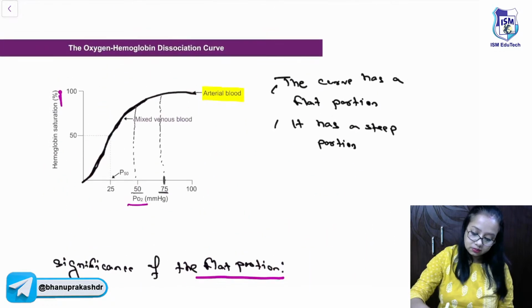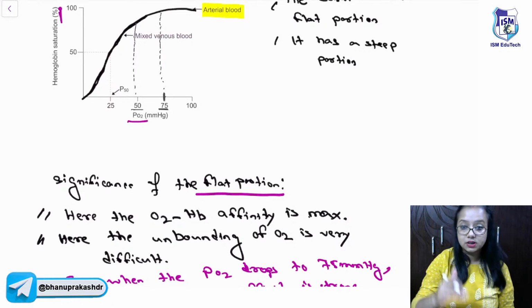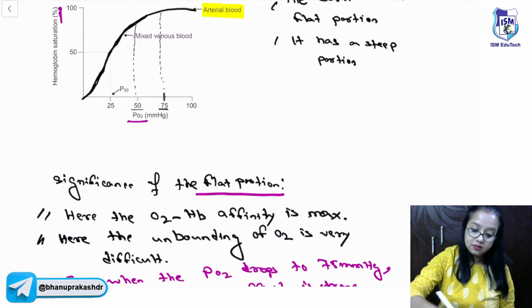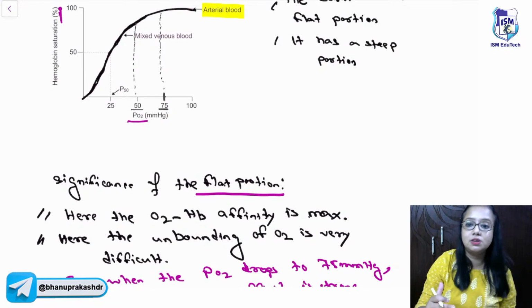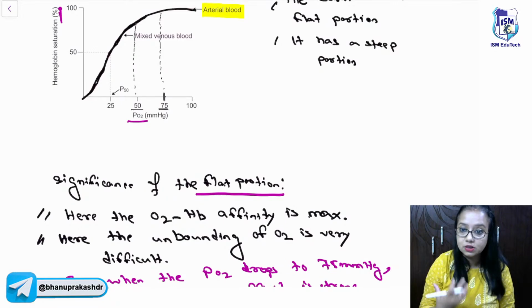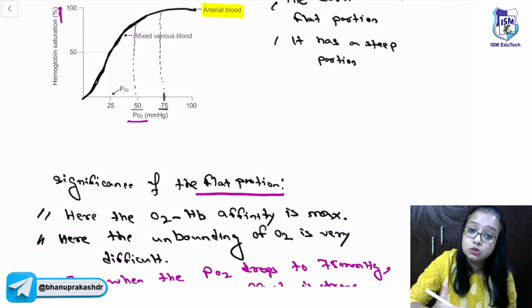So at a partial pressure of 50 and below, like when it is 40, 45, 35, here we see the steep portion, meaning the oxygen is getting dissociated from the hemoglobin. When the partial pressure starts dropping, that means the tissues, the cells, need more oxygen, because cells cannot survive without oxygen. The cellular metabolism will stop, it will suffocate the cell. So that is when the steep portion comes into play.